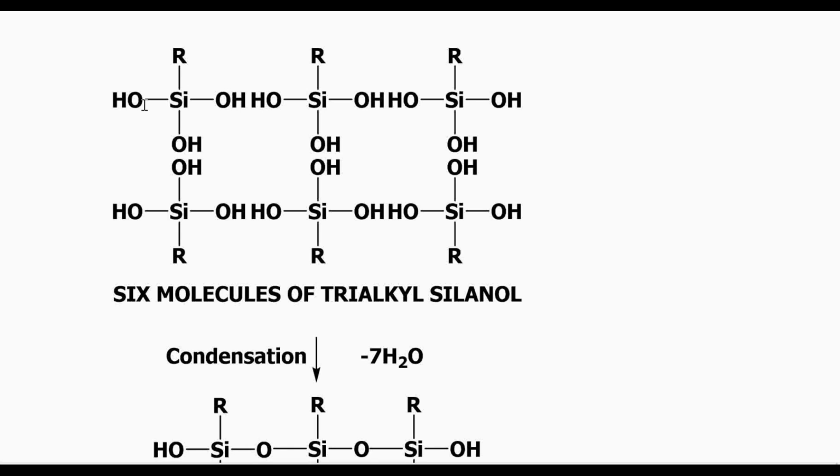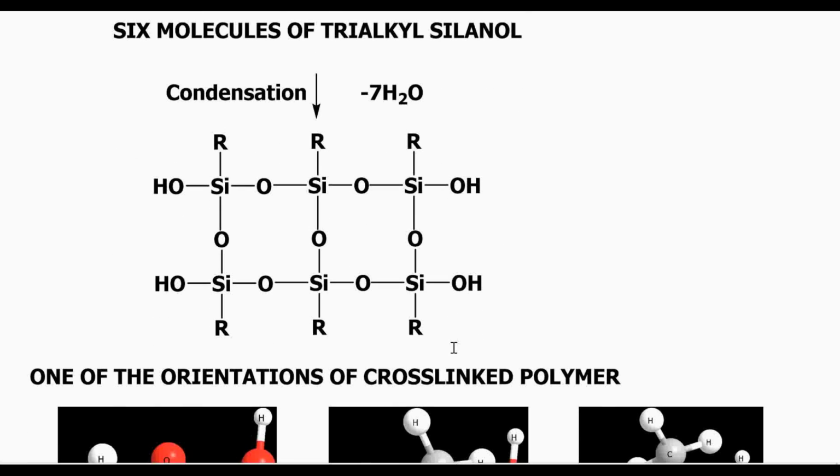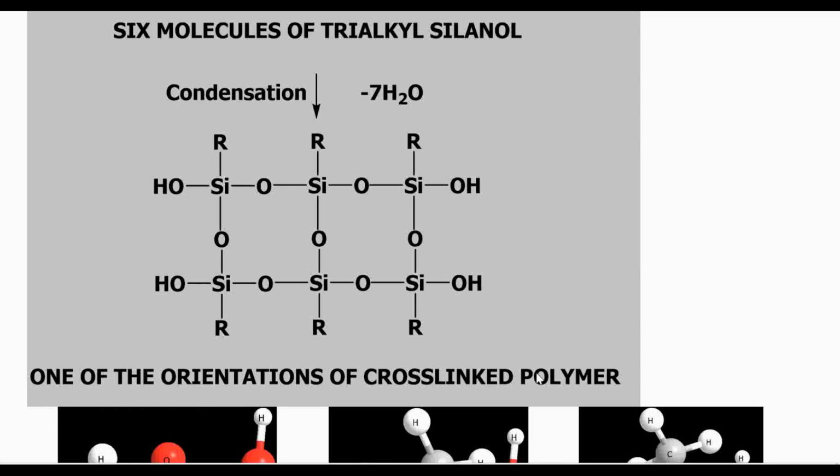But here if we consider that they are symmetrically placed, then 6 molecules of this trialkyl silanol, when condensation polymerization is carried out, it will lose 7 molecules of water, and it can give this type of polymer. You see, this is one of the orientations of a cross-linked polymer, and this is cyclic also.